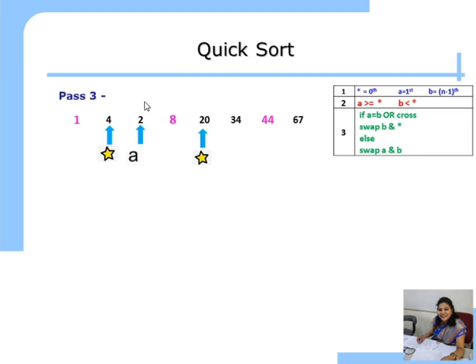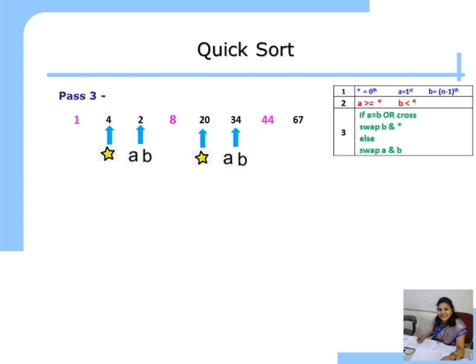So we also point B to the 2. Same in this list, there are again two elements. A is next to the pivot, so A will be 34. And the last element in this list is 34, so we point B to 34 only. So this is the initialization part of A and B.